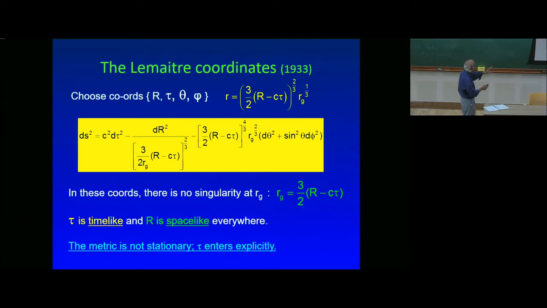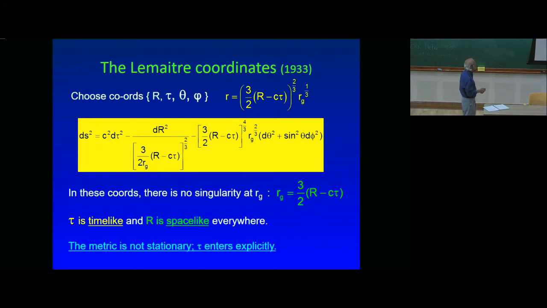First thing to appreciate is that the Schwarzschild radius rg corresponds in the new coordinates capital R and tau to 3/2 (R minus c tau). So rg is replaced by that. You will find that at r equal to rg, the old Schwarzschild coordinate had a singularity, but here at rg, none of the metric coefficients or their derivatives have any singularity whatsoever.